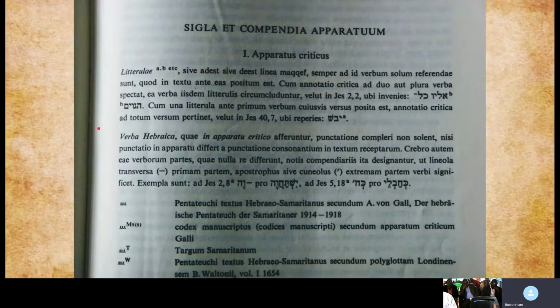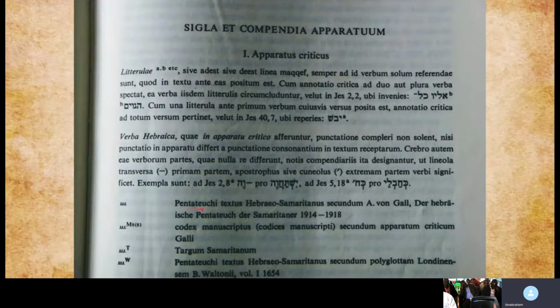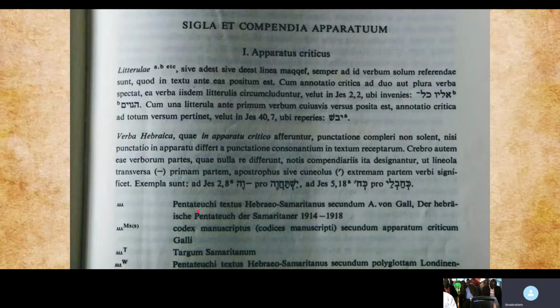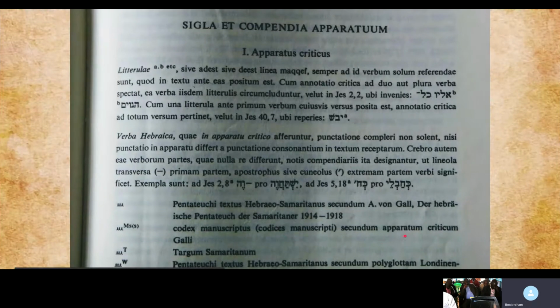This little squiggle here refers to the Samaritan Pentateuch. So Pentateuchi Textus Hebraeo-Samaritanus Secundum. This is the second Pentateuch text of the Samaritans. And then here you've got manuscript number 3, Codex Manuscriptus, the second Apparatum Criticum Galli.